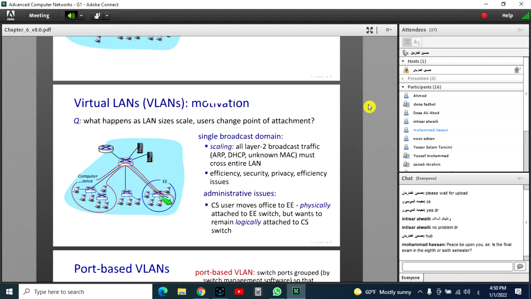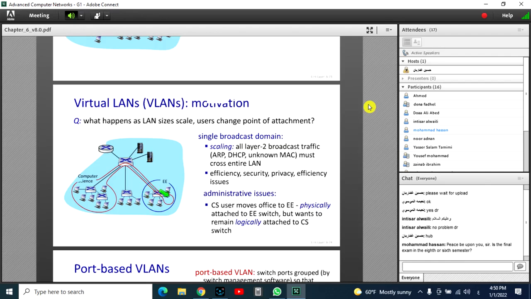Physically, this device here on the right is a member of the EE department, for example the electrical engineering department. So I cannot send information from computer science into the EE department without all of these computers inside the EE department receiving the information.